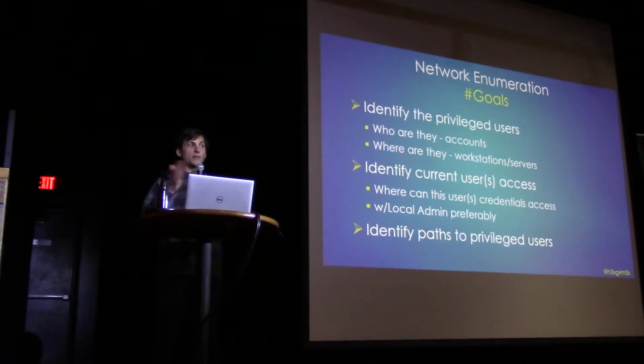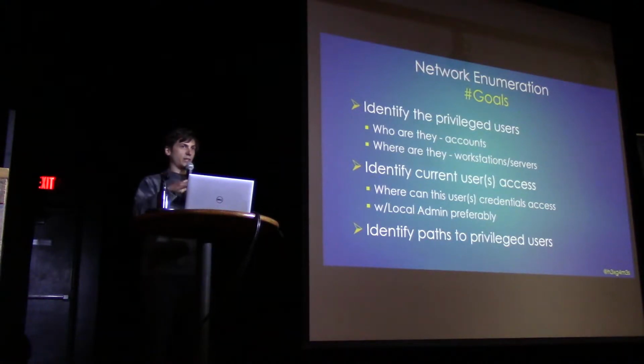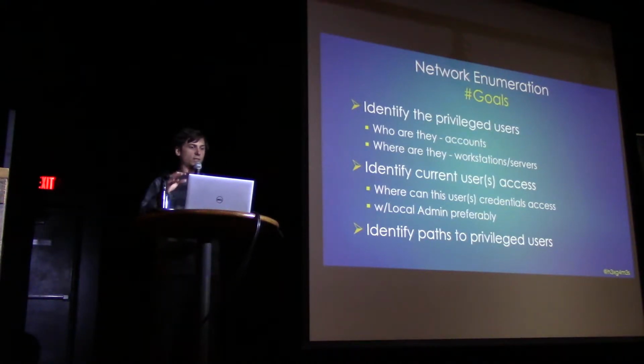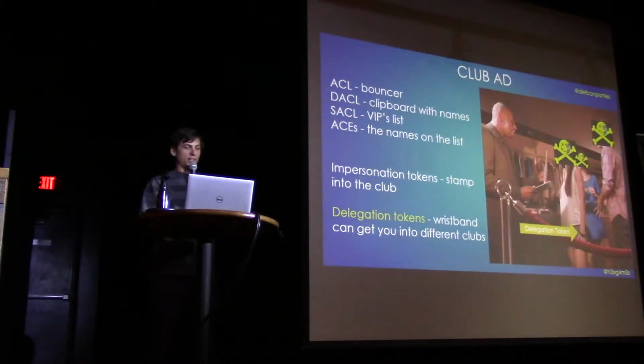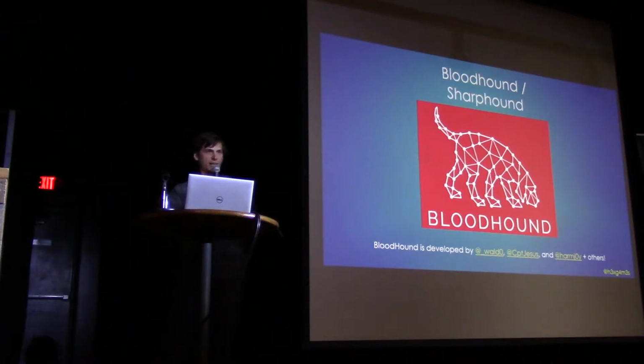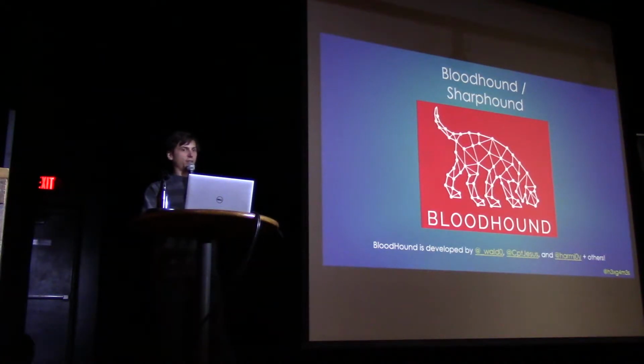Then we moved on to the network enumeration side, where we try to identify the privileged users and who they are, where they're at, where they're logged in. Once we found our current user's access, we tried to identify the attack paths to get us to domain admin. We reviewed the club AD, where I tried to explain ACLs, DACLs, SACLs, and ACEs. And then BloodHound, the tool that automates a lot of looking through all that.